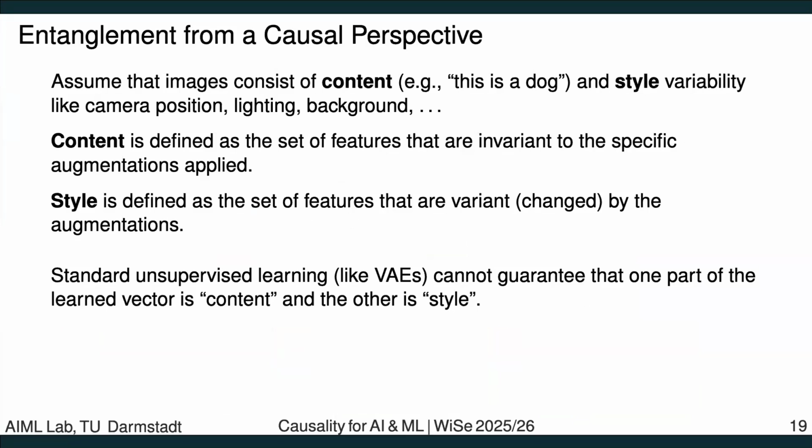So maybe as a first idea, we will have a look at entanglement. Basically, the idea is if you are training computer vision models like VAEs or autoencoders, you have a network that takes an image and encodes it into a latent vector, and then you have another network that decodes the latent vector back to an image.